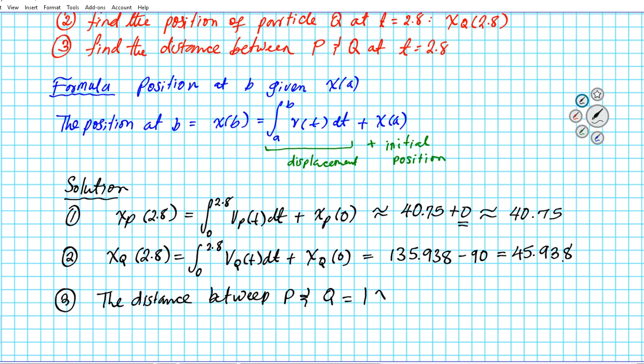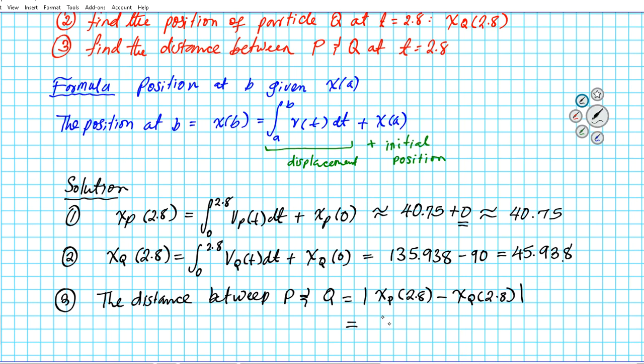So the position at 2.8 of particle P minus the position at 2.8 of particle Q. Just take the absolute value because distance doesn't consider sign, it's a scalar quantity.